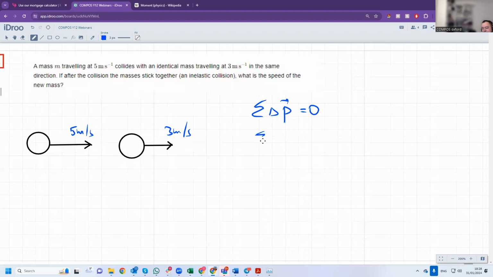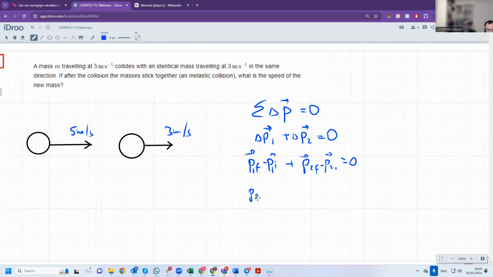It means the change in momentum of the first body plus change in momentum of the second body is 0. Change, by definition, is final minus initial. So that means P1 final minus P1 initial for the first body plus P2 final minus P2 initial equals 0.